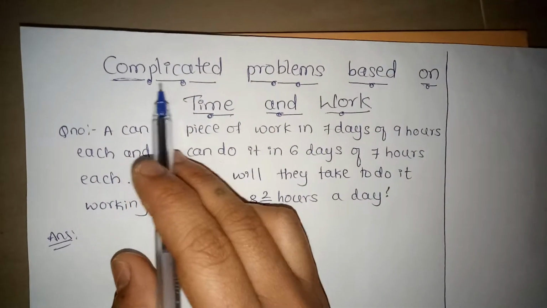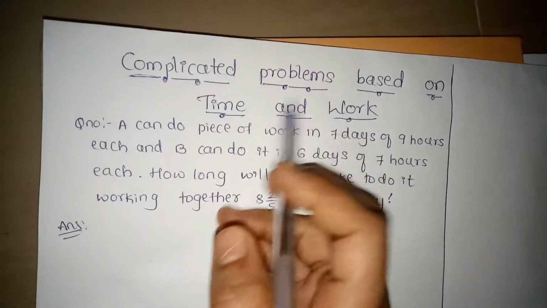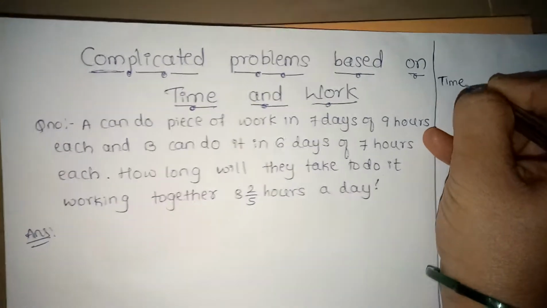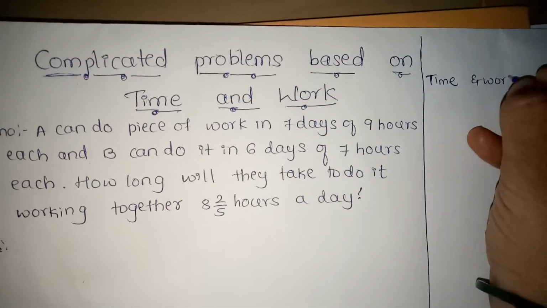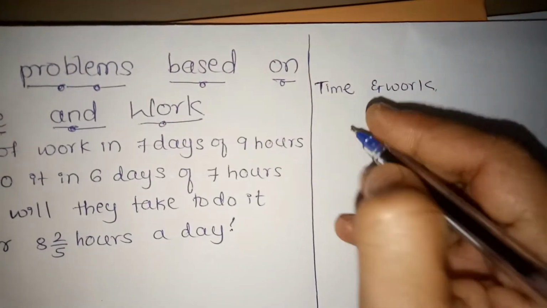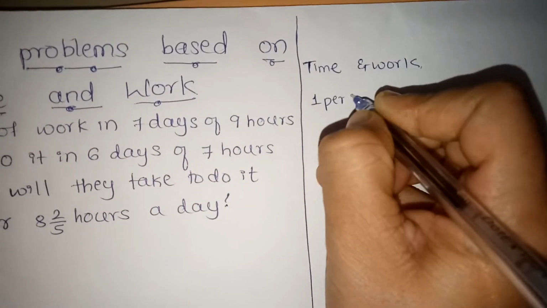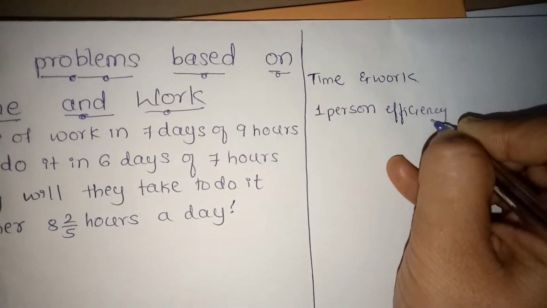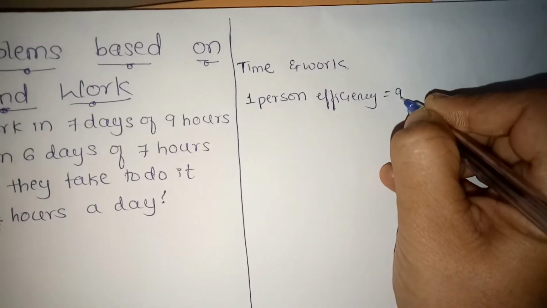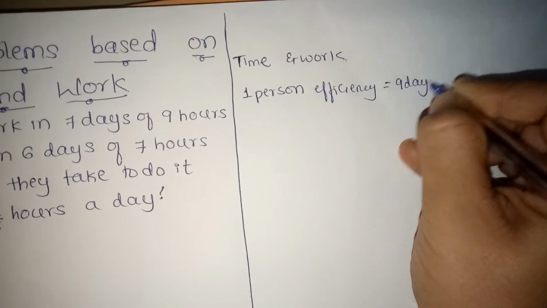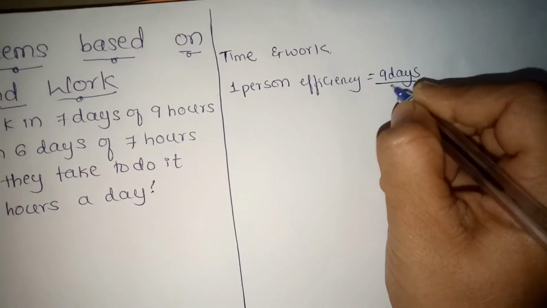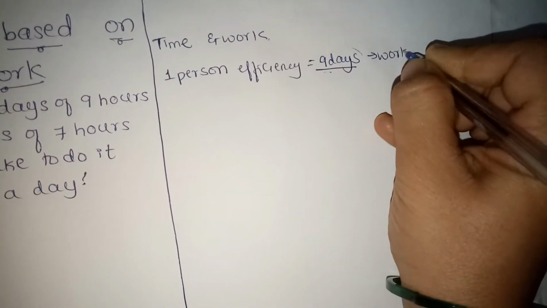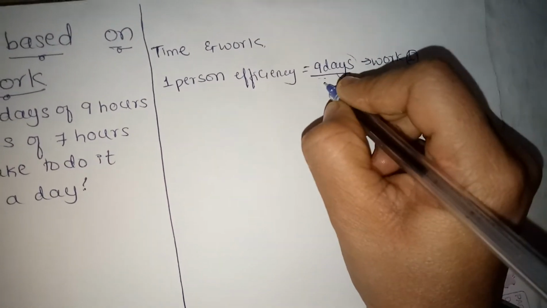Today I am going to solve complicated problems based on time and work. As you all know, time and work are proportional to each other. That is, if one person's efficiency is 9 days, that is, he can complete one unit of work in 9 days.